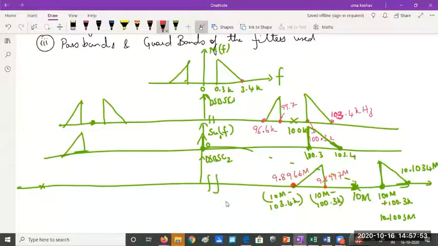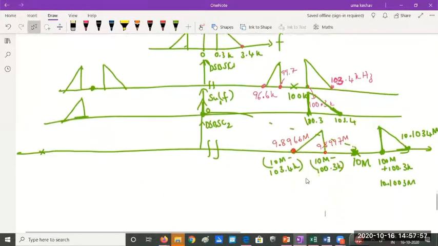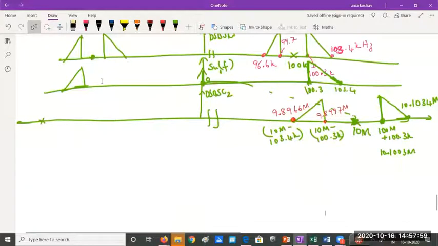So this is the spectrum of stage 2 after the product modulator, or stage 2 DSB-SC signal.